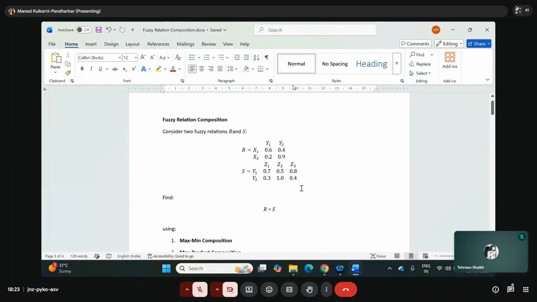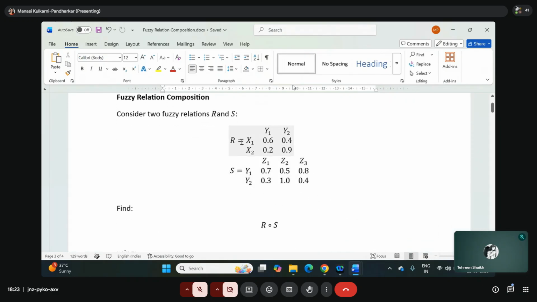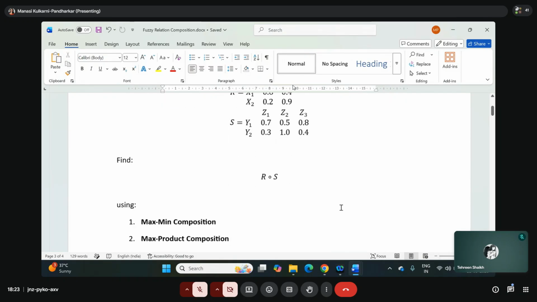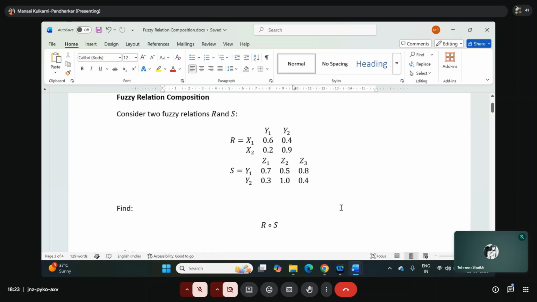Yes. Okay. So these are the two fuzzy sets. I'll just expand it. Okay. So one is this one and one is this one. So you have to compute the two, that is the max min composition and the max product composition. How much time shall I give you, 5 to 6 minutes or more?